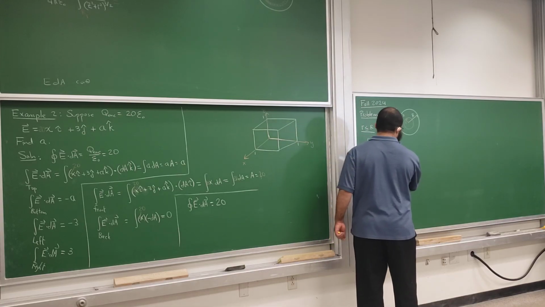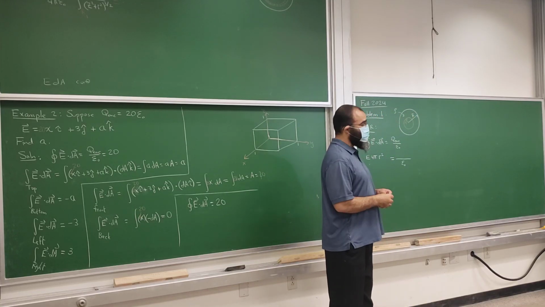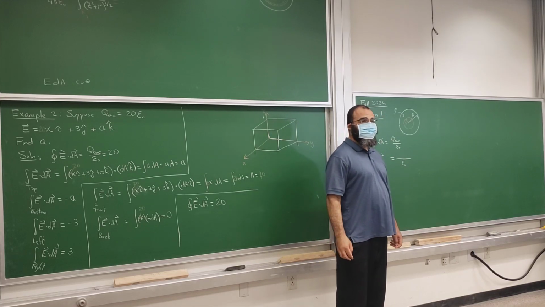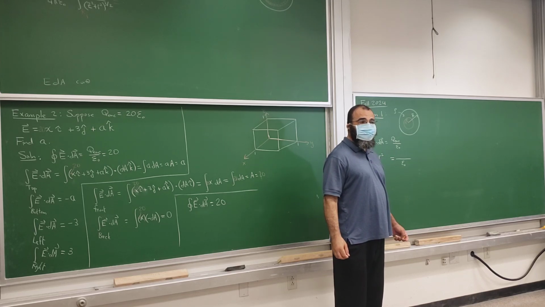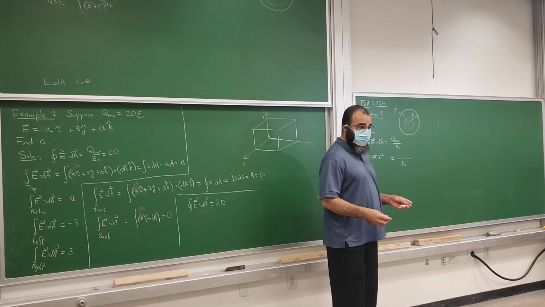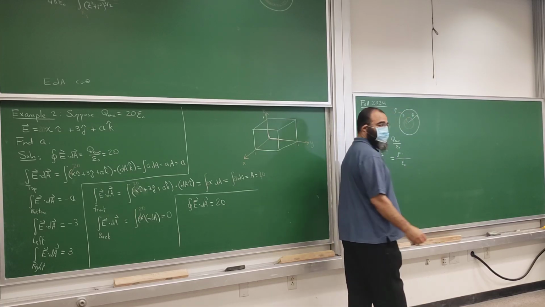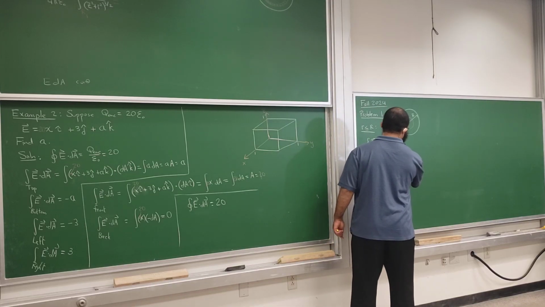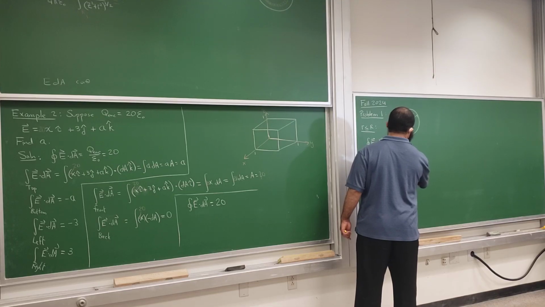Okay, so now Q enclosed. It's a uniform charge density. So how much charge is within this Gaussian surface? Rho times V. And what is V? What's the volume? 4/3 pi r, and it has to be cubed, it's volume.